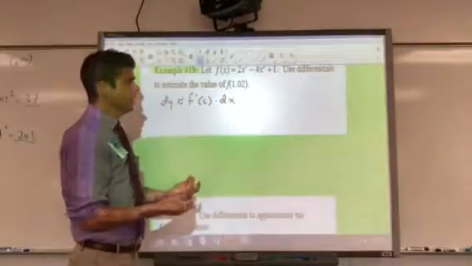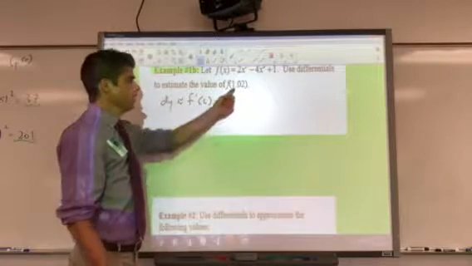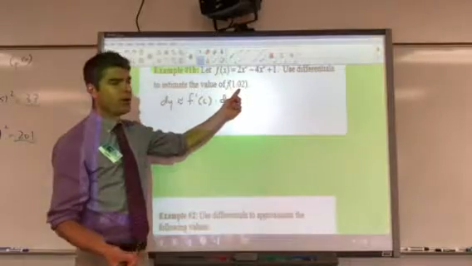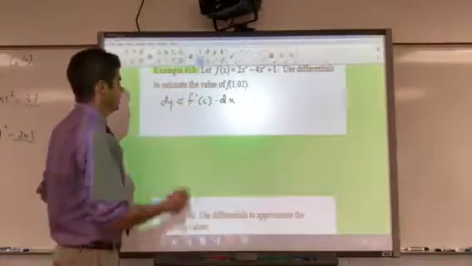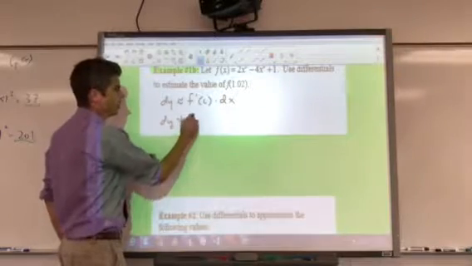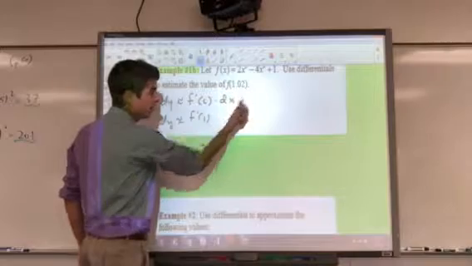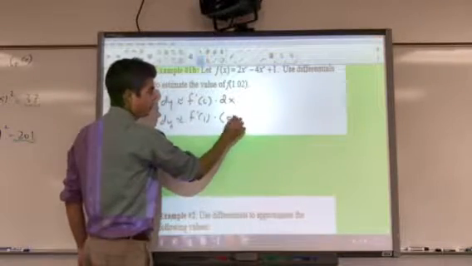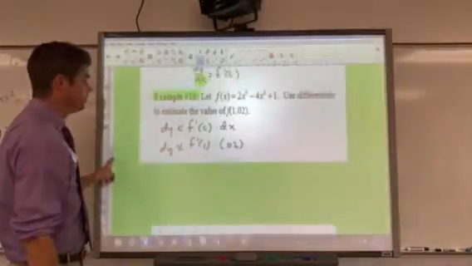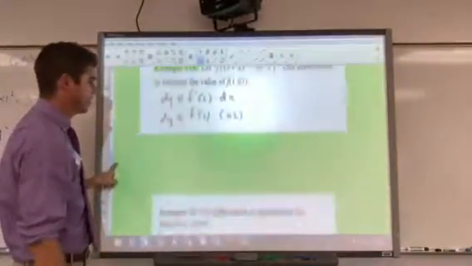It doesn't explicitly say that we're looking at 1, but it makes sense that 1 would be our value, because 1.02 is really close to 1. So the amount y deviates could be approximately calculated by the derivative at 1 times how much we deviated from 1. We deviated from 1 by 0.02. I think I can use dx as a notation. Sometimes I might use delta x, that's fine too.